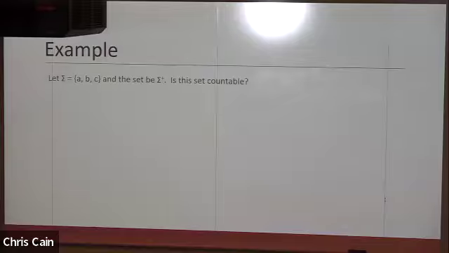Here's an example. The input alphabet is ABC, and the set is the positive closure of that alphabet. Is the set countable?